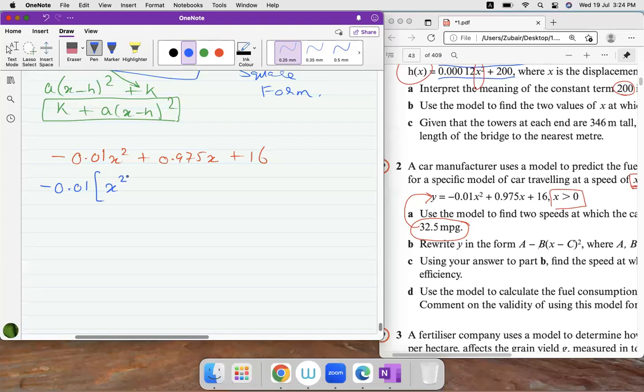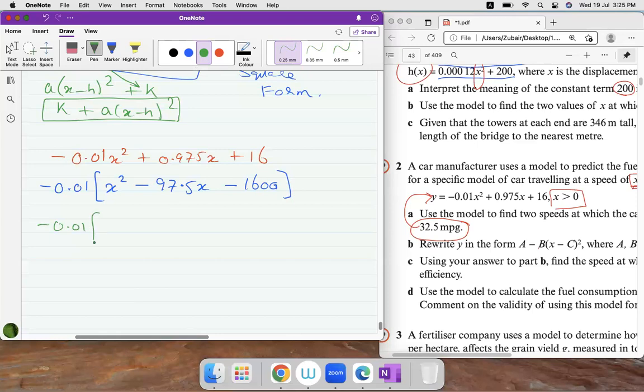So 0.975 divided by 0.01 is 97.5, and with the negative sign 97.5x, and again negative sign 16 divided by 0.01 is 1600. First step, making the coefficient of x square as 1.